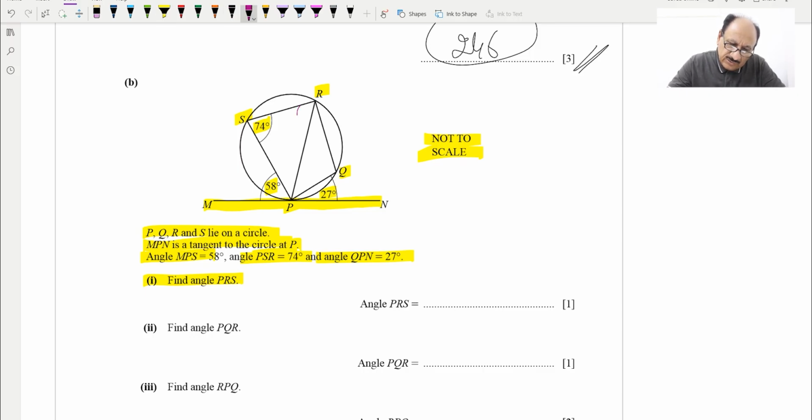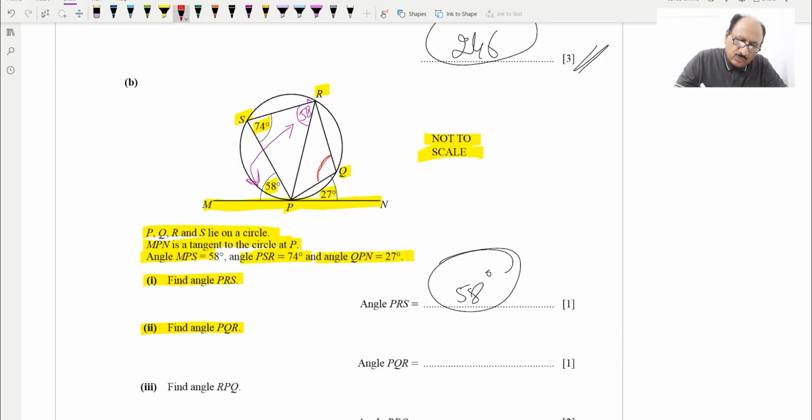Why is this angle 58? What is that rule? This angle and this angle, these two angles will be equal. The reason is not required, but I'm telling you for your understanding: by the alternate segment theorem these two angles will be equal. Then find angle PQR. PQR is this angle.